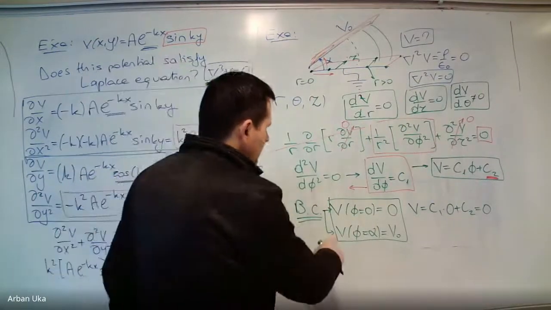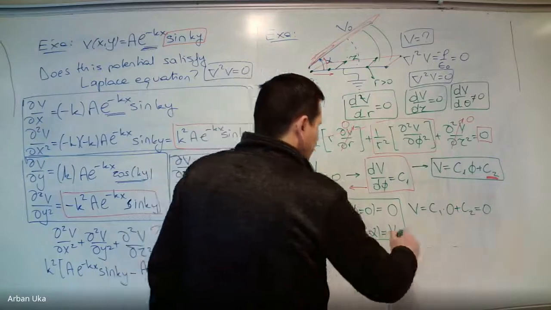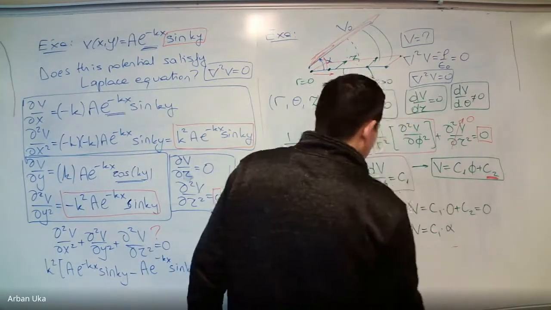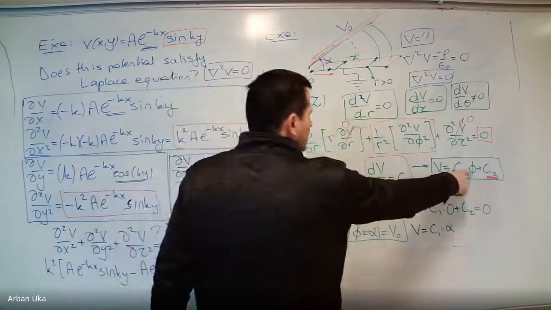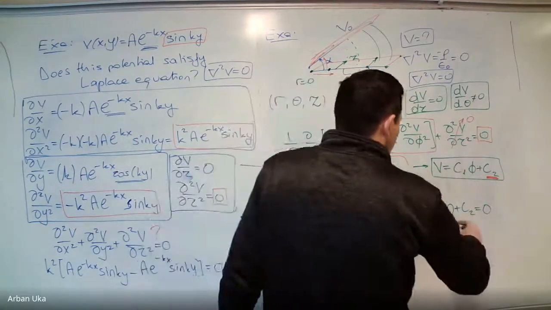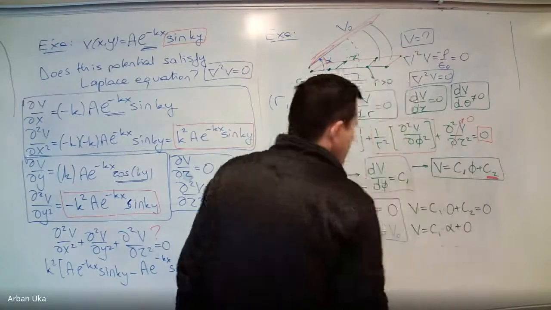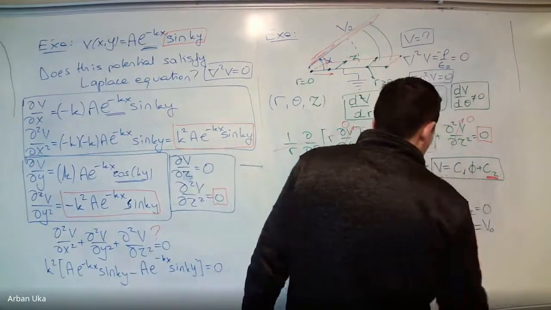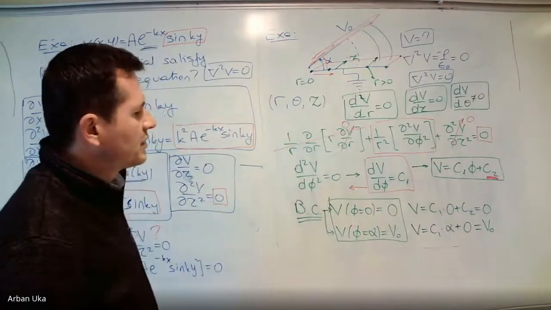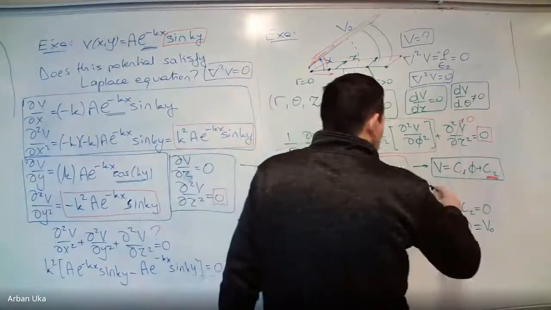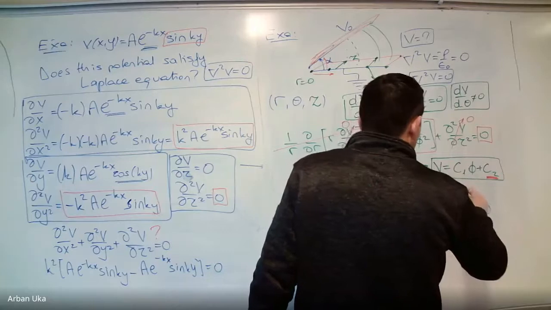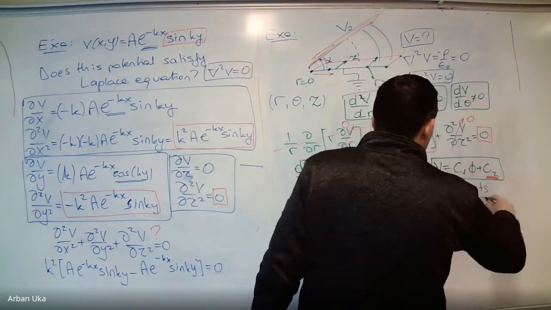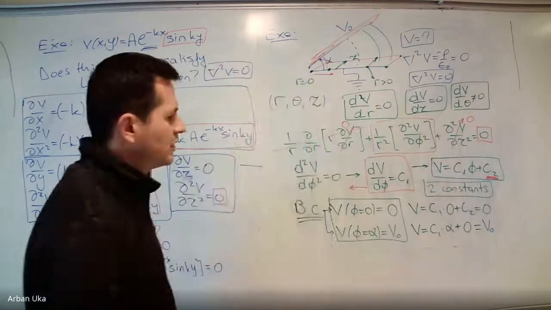Then, when we apply the boundary condition at angle alpha, we find that V is equal to C1 times alpha. The angle is alpha, we are substituting it here, plus 0, because C2 is 0, we found it. This is equal to V0. So since we have two constants, C1 and C2, we needed two boundary conditions to determine what they were.